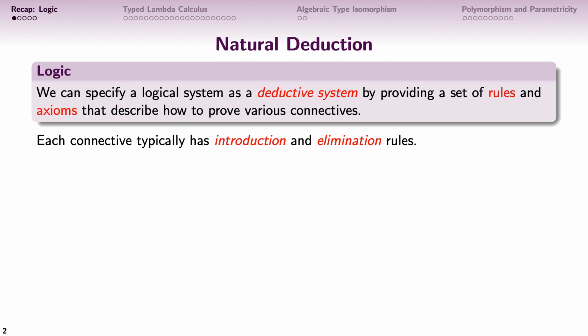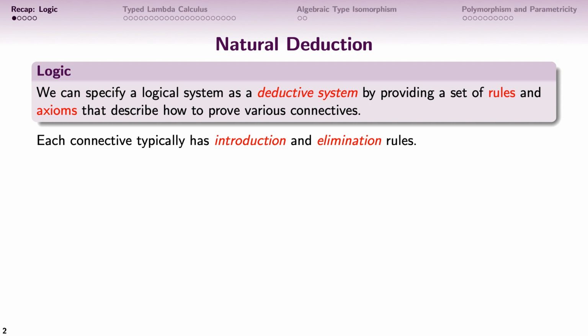So the easiest way to specify a logic, in my opinion, is with a system called natural deduction, in which you just give a sequence of rules, one for each of the connectives in the logic. So for example, propositional logic, our normal logic, just has and, or, so conjunction and disjunction, implication, which is A implies B, the arrow, and negation, right? And we have true and false as constants.